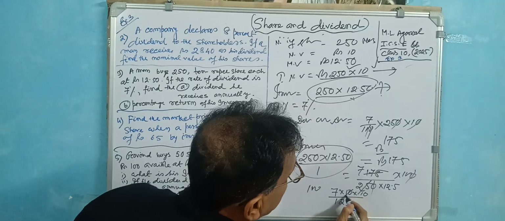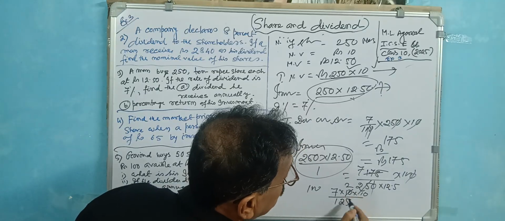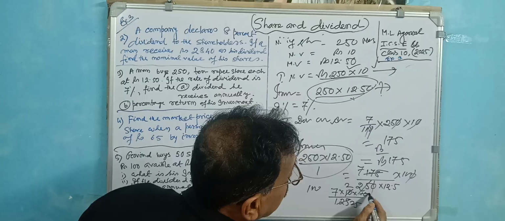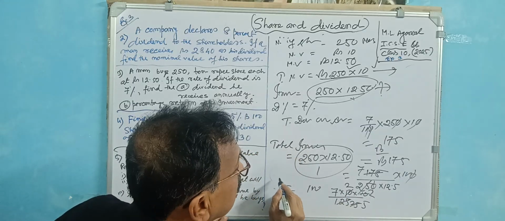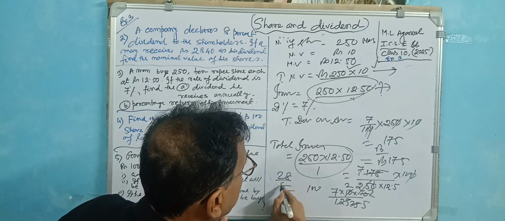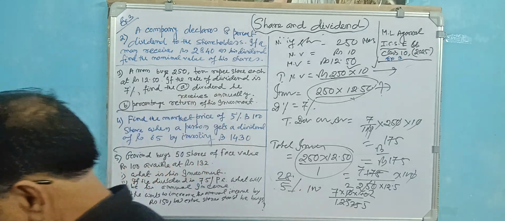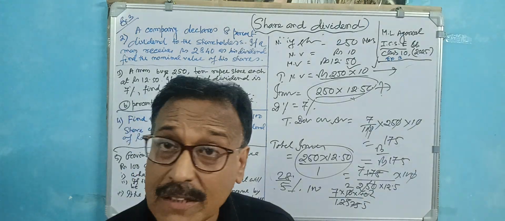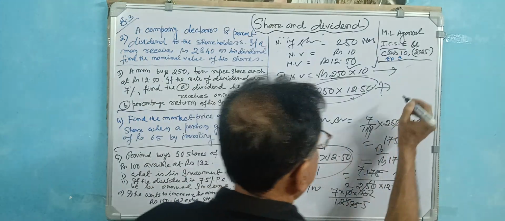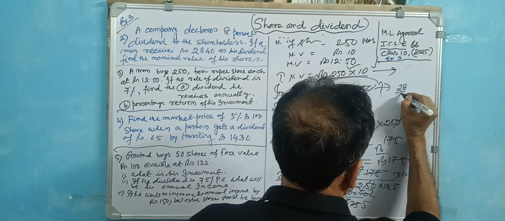If you cut with the 5, 25 means this is 2, this is 5. That is actually 7 into 4, which is 28/5%. So what is this actually? 28/5%.